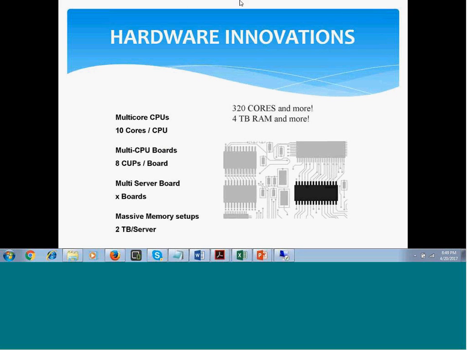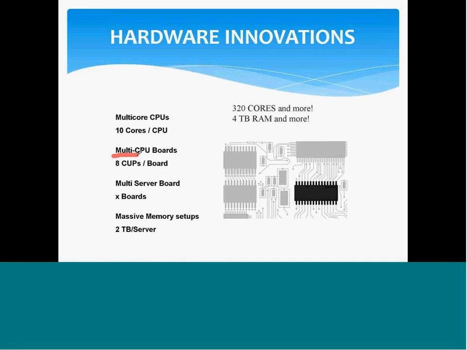We have 10 cores per CPU, a multi-CPU board with 8 CPUs per board, and a multi-server board. We have a massive memory setup, 4 terabytes of RAM and more.